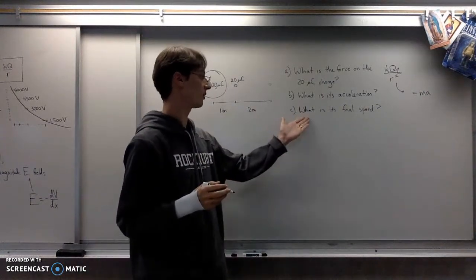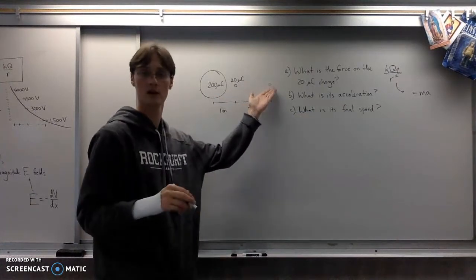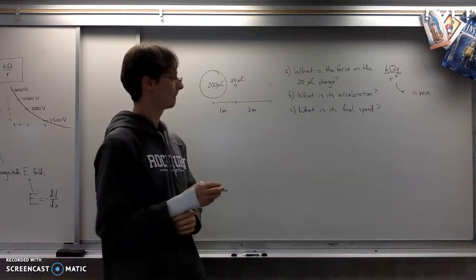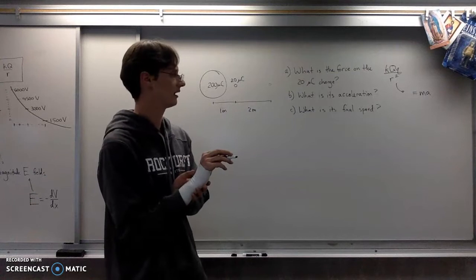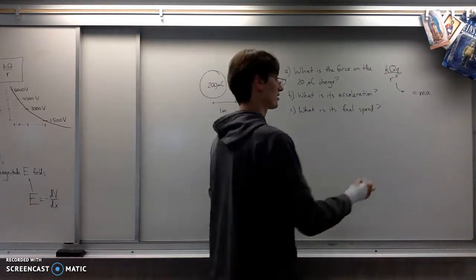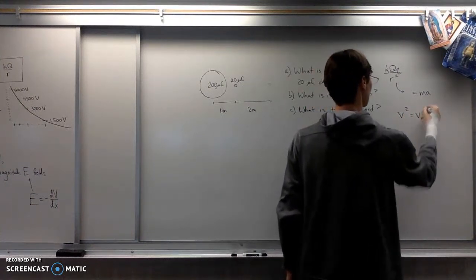So that when we get to part C and I ask what's the final speed, meaning, when it reaches this point 2 meters further over, we can't actually work that out using kinematics. You might imagine, well, I'll just use the time-independent equation, right? v squared equals v naught squared plus 2a delta x.